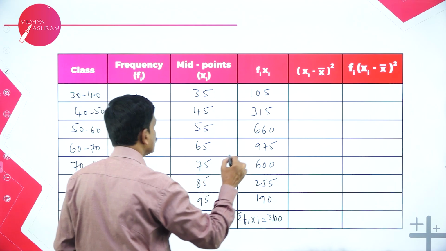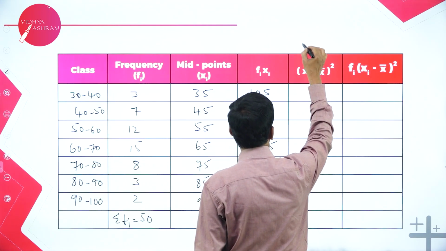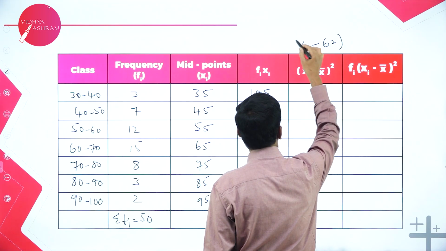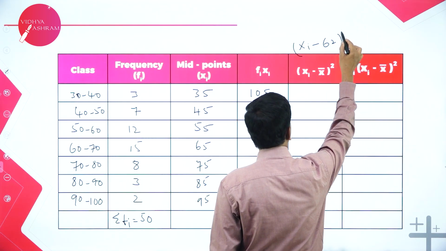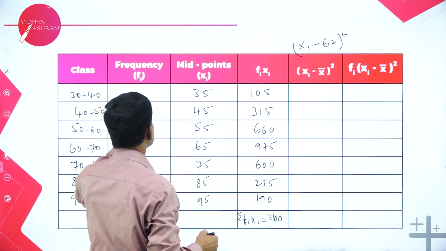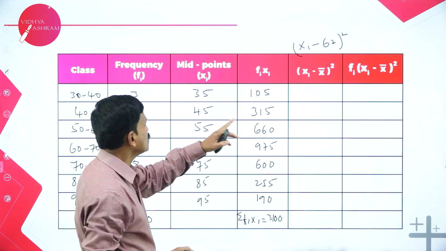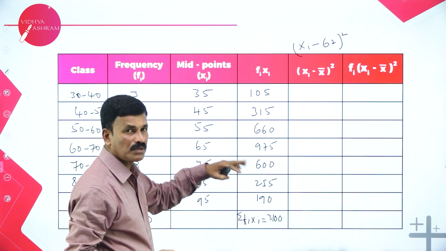Now substitute here. Find out (xi minus x bar) whole square, where x bar is 62. So just subtract 62 from each: 35 minus 62 whole square, 45 minus 62 whole square, 55 minus 62 whole square.